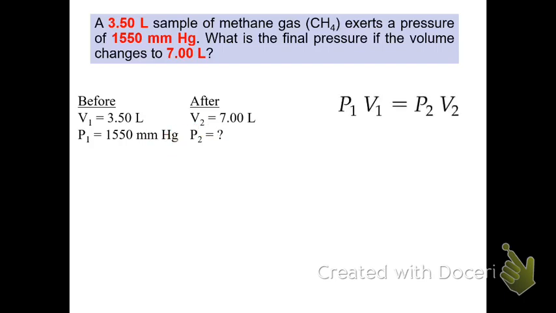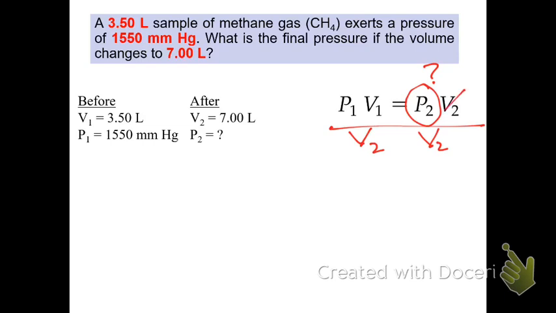So this is the equation that you're going to need, and we're going to use basic algebra to isolate P2, right? So we're trying to find what this is. In order to do that, all you have to do is divide both sides by V2, right? So we want to isolate P2 by itself.